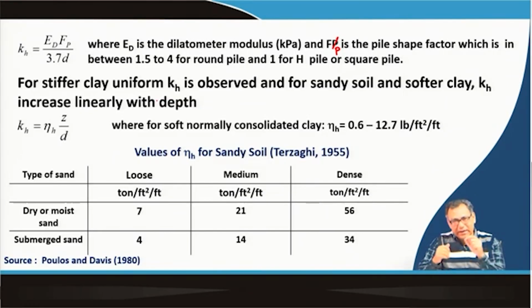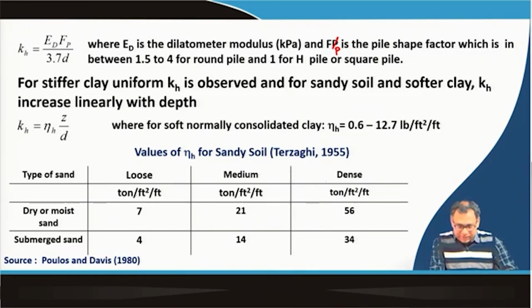Z is any depth from the ground surface, d is the diameter of the pile, and eta h is actually the coefficient of subgrade modulus or unit subgrade modulus. For normally consolidated clay the eta h range is given, and for sandy soil also eta h ranges are given.